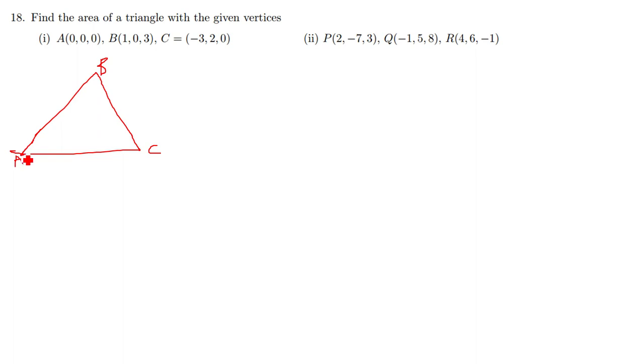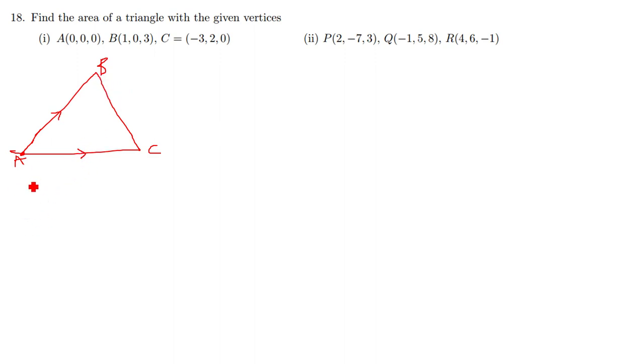In my case, I'll get A as my origin. So I'm going to be starting from A, going to B, starting from A, going to C. So I'll have my first vector, which is AB, and my other vector, which is AC. This is a triangle whose area I want to find.